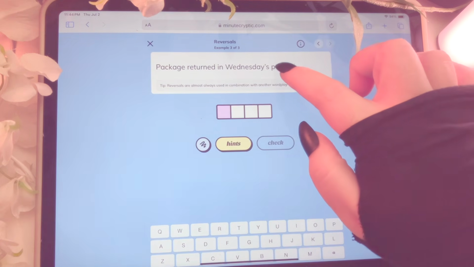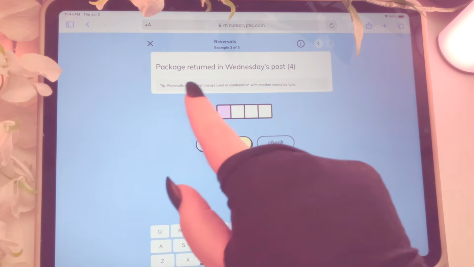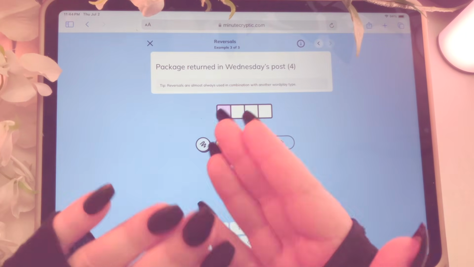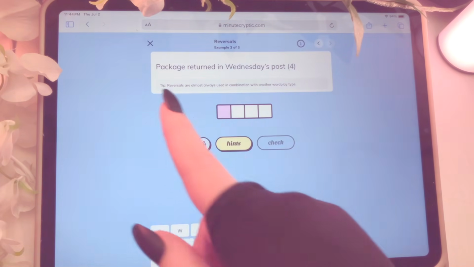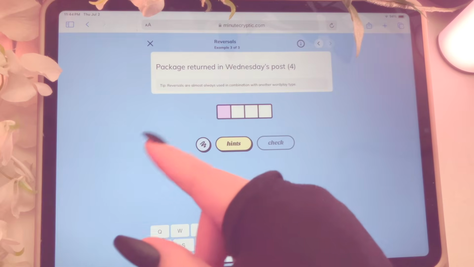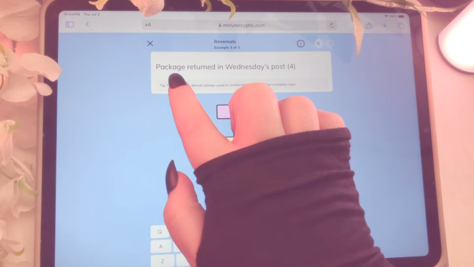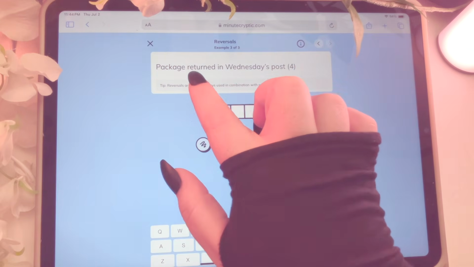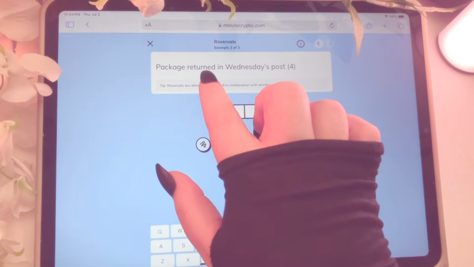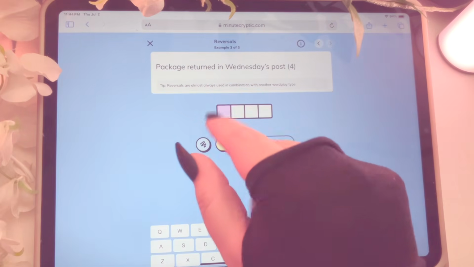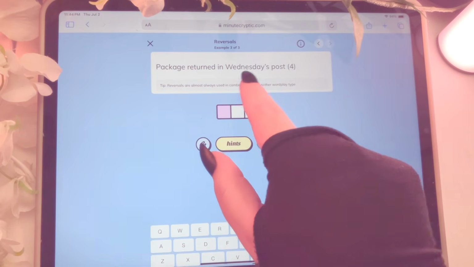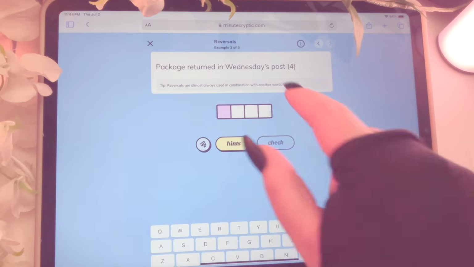I think post is the definition. And I think that I was right about it being a hidden indicator, but it's actually maybe package as the hidden indicator. And I got confused. I think package and then something returned, something going backwards in Wednesdays. And it will mean post.